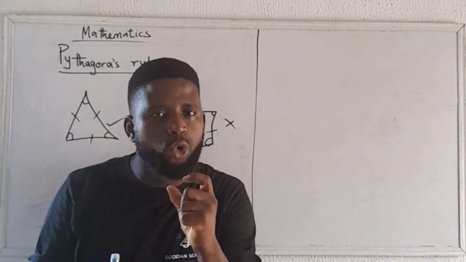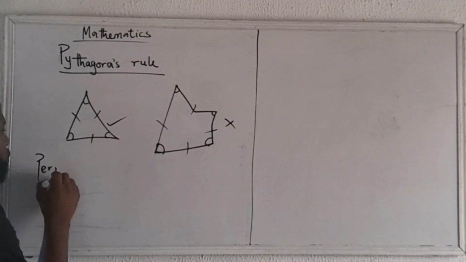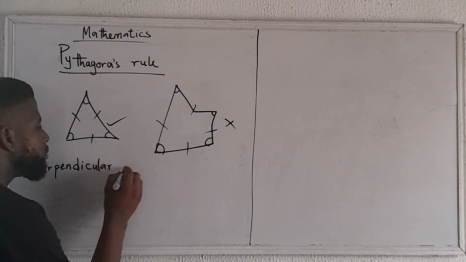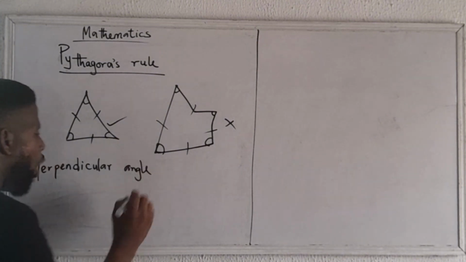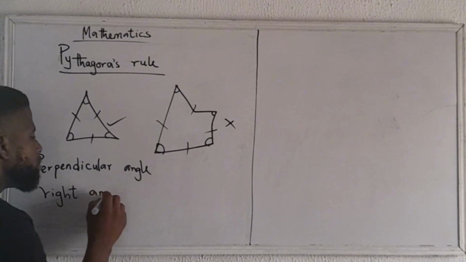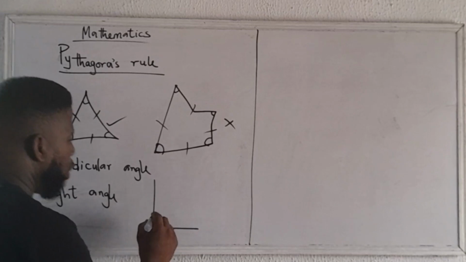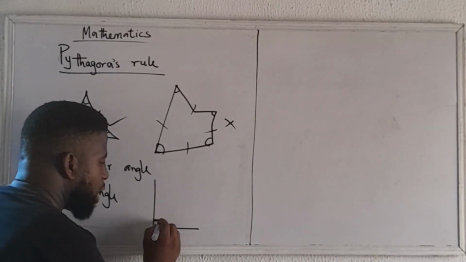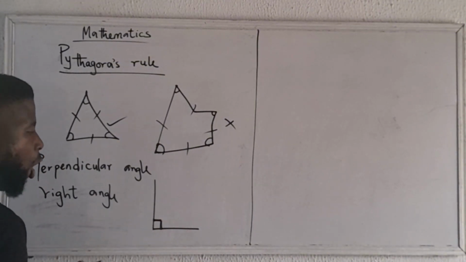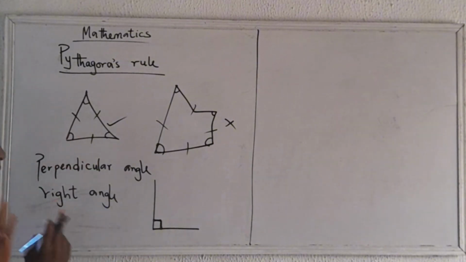Now, that angle that is 90 degrees is called perpendicular angle, or right angle. It's of this shape. So this angle here is called perpendicular angle or the right angle because it is an angle at 90 degrees.